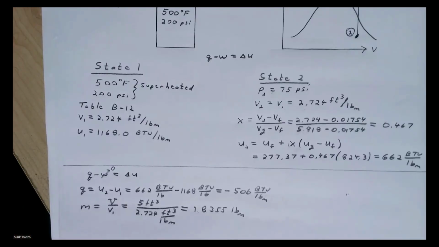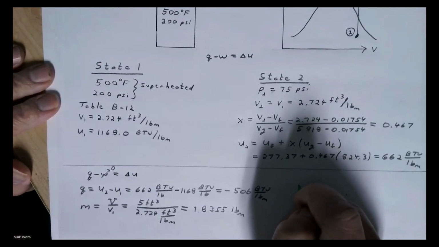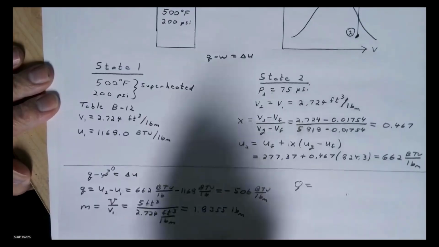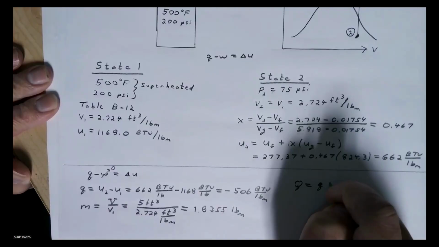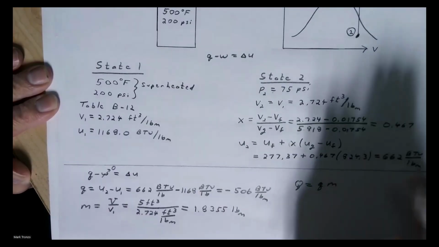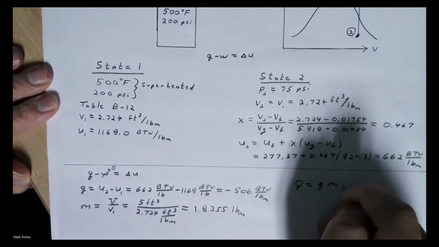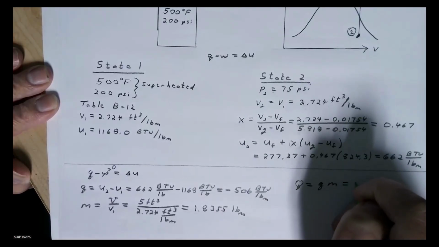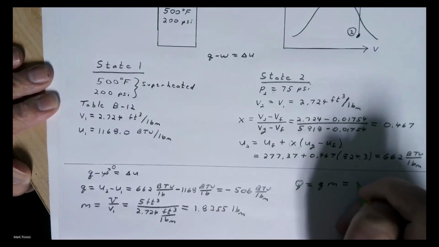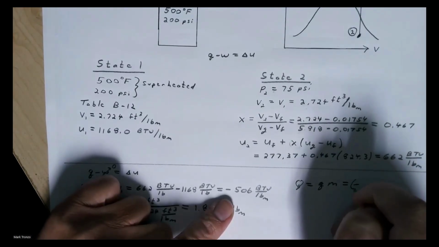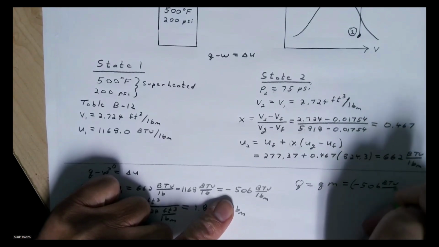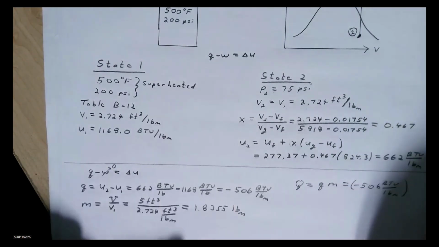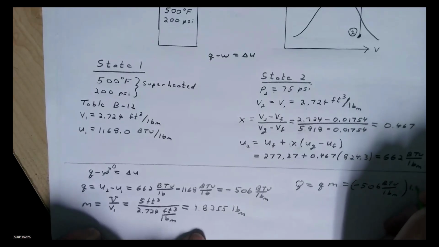And finally, to find the heat transfer, we're going to take our Q times our mass, which is going to be negative 506 BTUs per pound times our 1.8355 pounds.